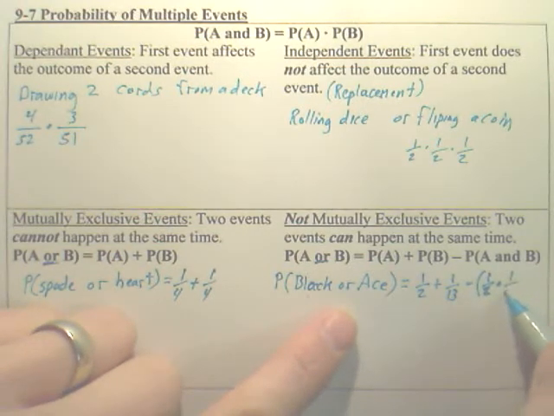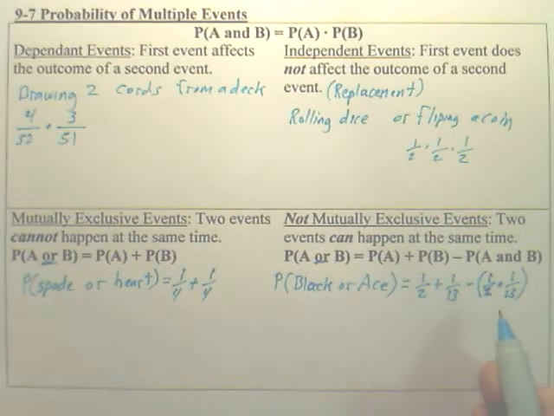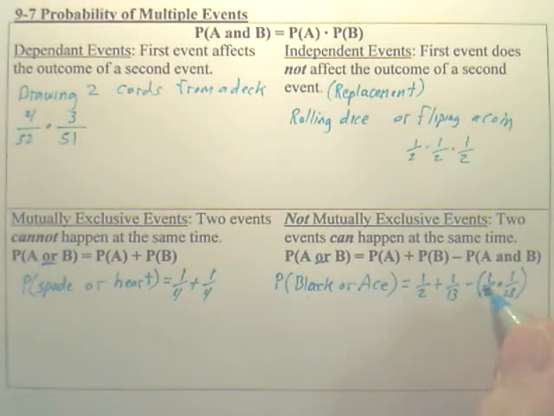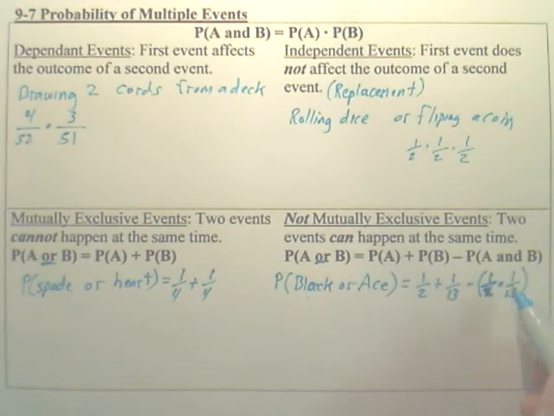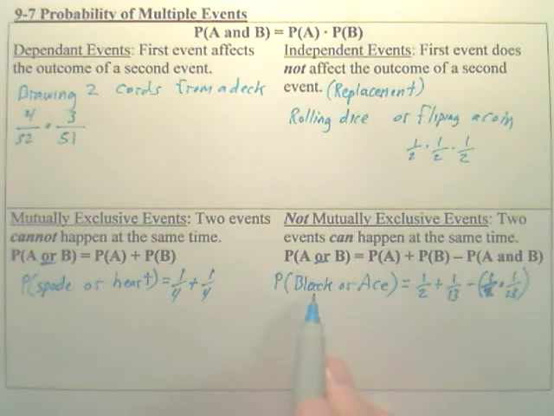Do you guys remember? We just did it earlier. And is multiply. So what you do is you add these two but subtract the and of both of them. Basically that gets rid of when you double count. Because if you counted these black cards and then you counted aces, aren't there two black aces that you counted twice? Don't you have to take out those two black aces so you can't count them twice? It's kind of like repeating itself. So, yeah, that's basically the scoop of this topic.